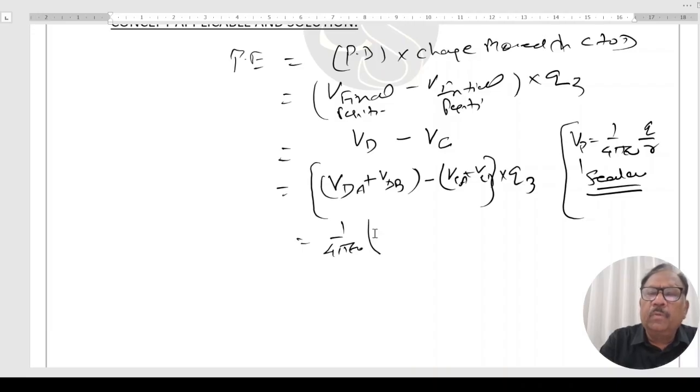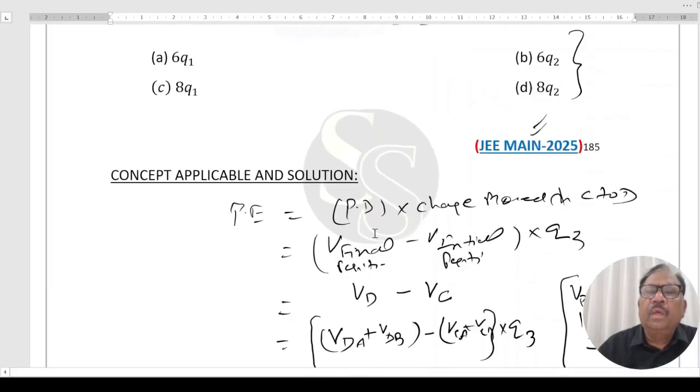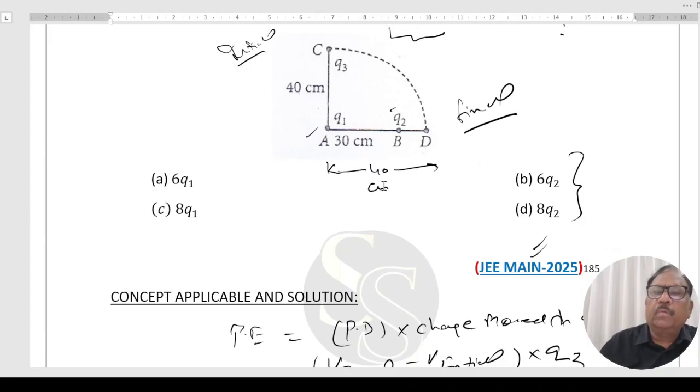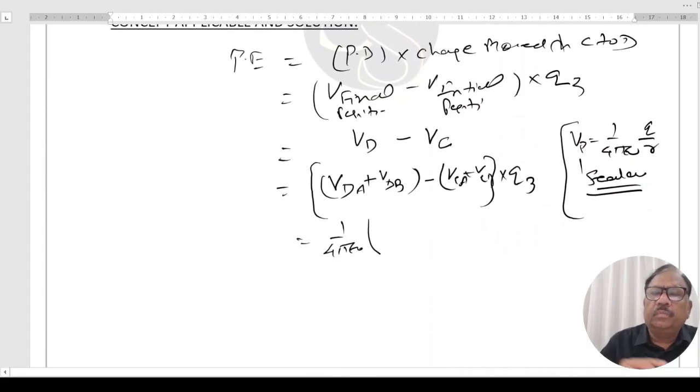This will come out to be VDA, A is Q1. This will come out to be 40 centimeter, right?